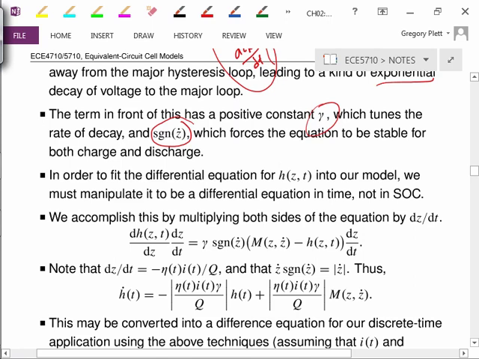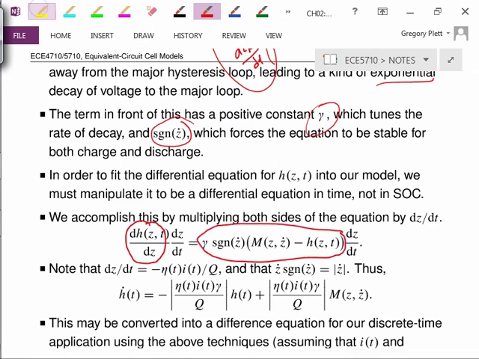And we perform a mathematical trick using the product rule, or chain rule, I guess, of derivatives. So I have dh by dz, and I know that's equal to this, and I multiply both sides of the equation by dz by dt. When I do that, this dz cancels that dz, and the left-hand side becomes dh by dt, or h dot.